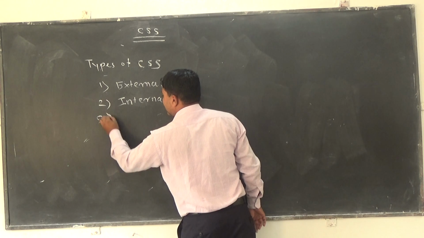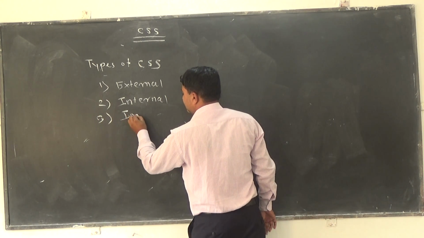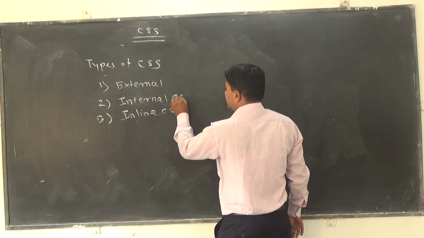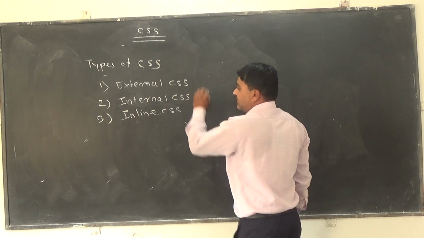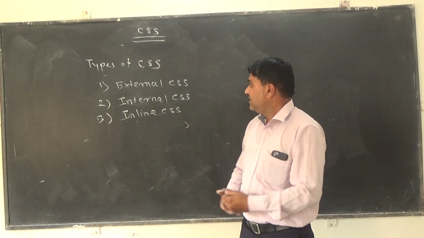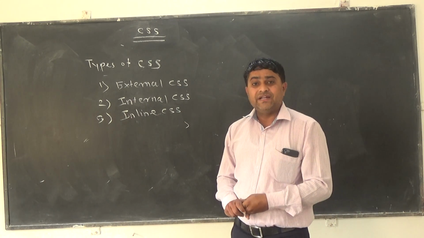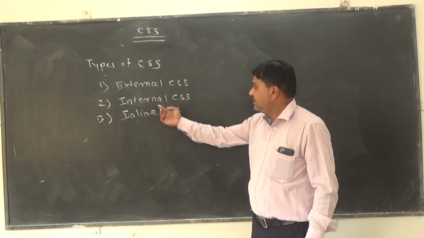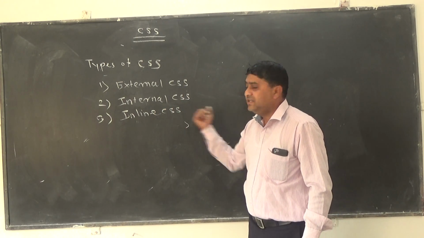And the third one is inline CSS. So these are the three types of the CSS, the cascading style sheet: external CSS, internal CSS and inline CSS.